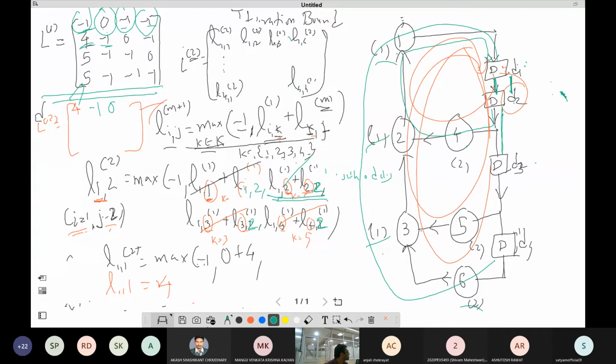Now L14. Yes, MTech. Any one of you need to give the answer. L14 for this L2 matrix. What should be the element over here?